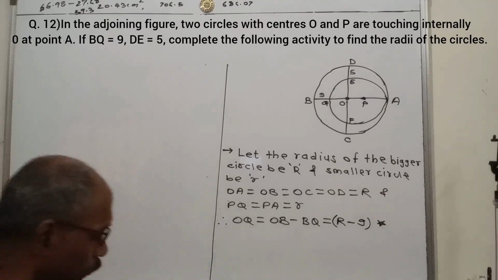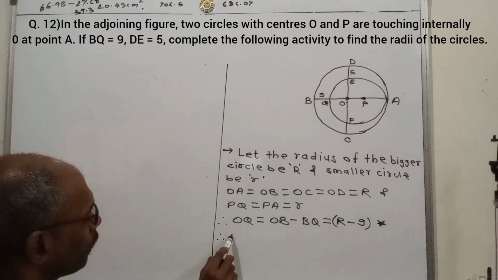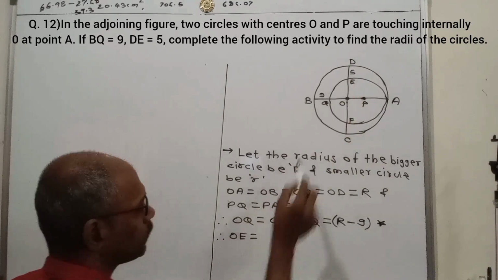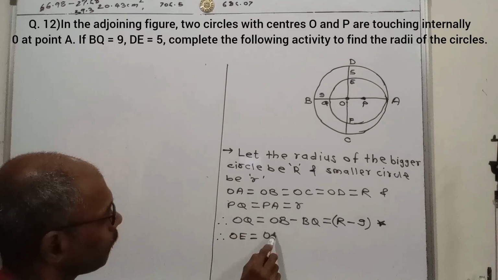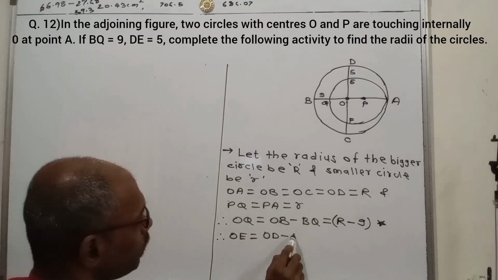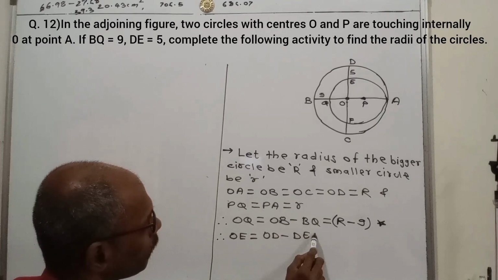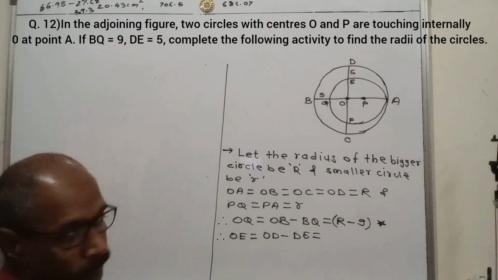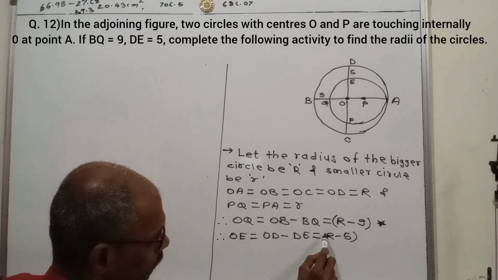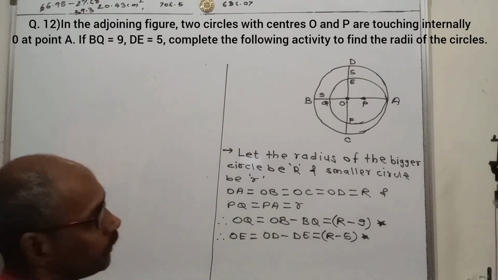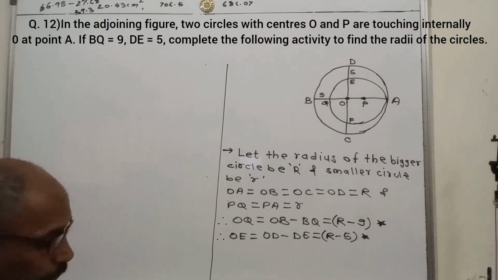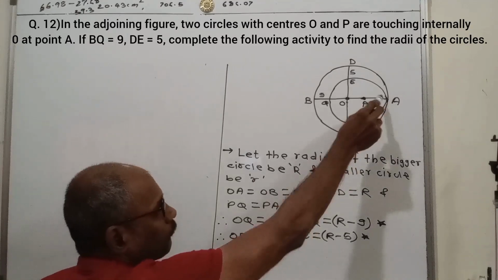This is very, very important. Then OE. OE is equal to OD minus D, what is OD? Capital R, and this is minus 5. D is 5, so minus 5. Did you get it?